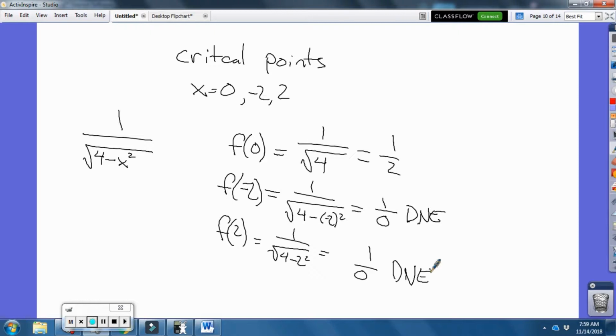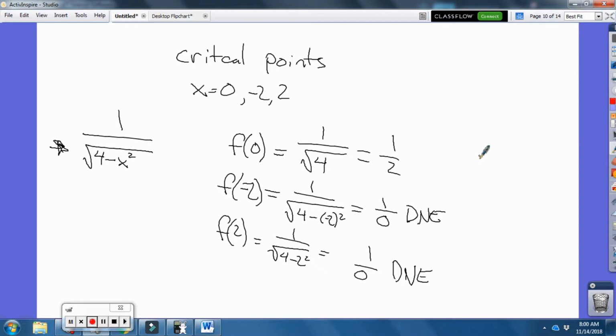So I do know that 1/2 is probably a max or a min, but at this point, -2 and 2 don't exist. So I know it is going to be continuous. If I look at the graph here, or the function, it will be continuous from -2 to 2, but there is a problem on the actual endpoints. So now I just have to look at, is this point 1/2 a max or a min? Since it's either the highest value or the lowest value on my graph, I can plug in any other number in that range from -2 to 2 to find out if 1/2 is a max or a min.